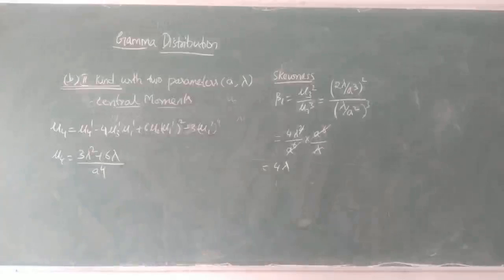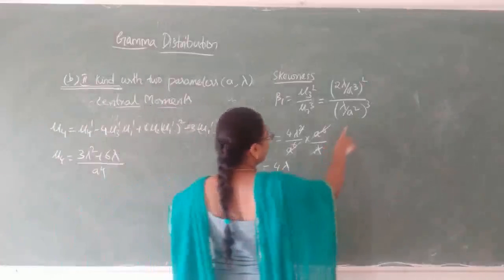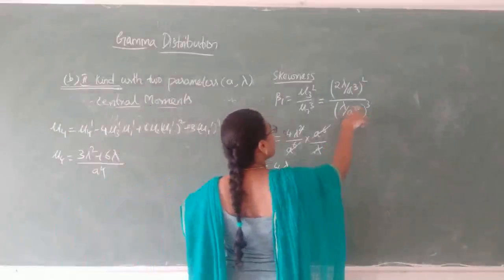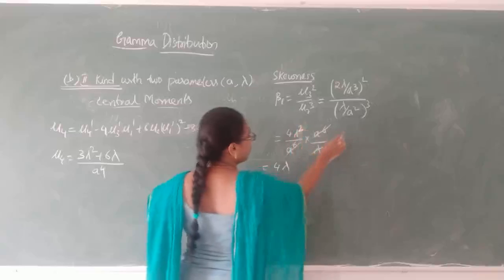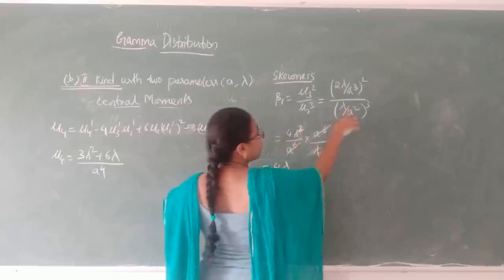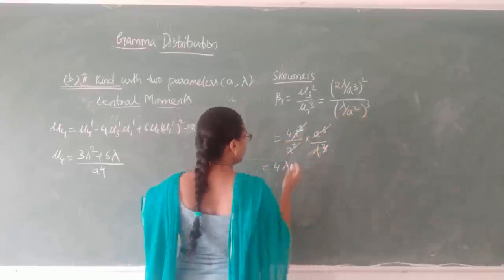So we know that lambda cube you have here. This is cube for all the terms. So cube here, square and one value gets cancelled.